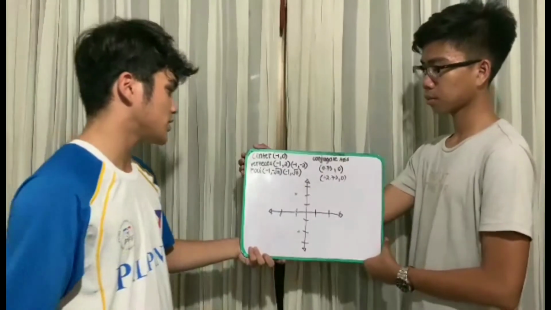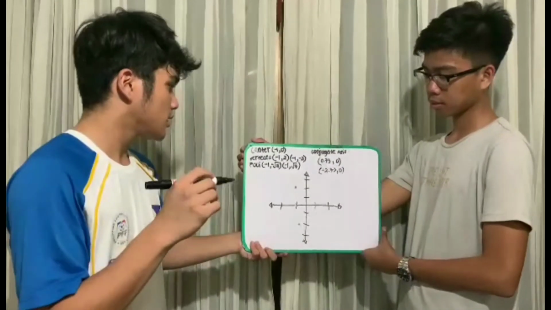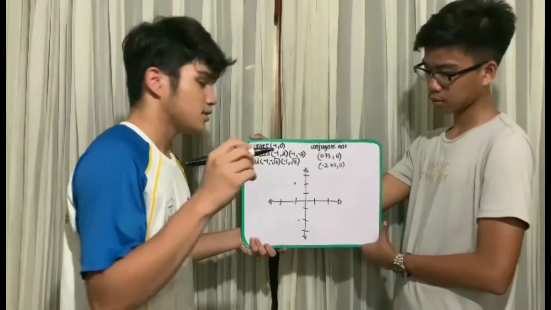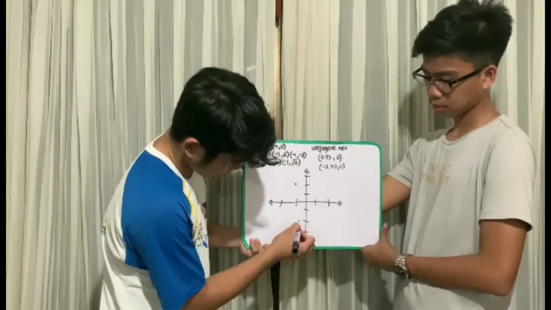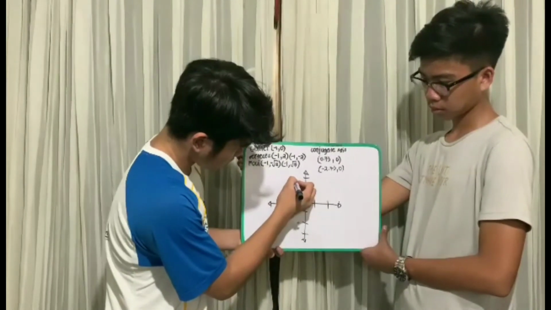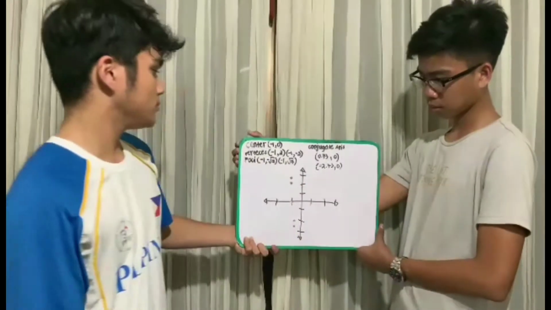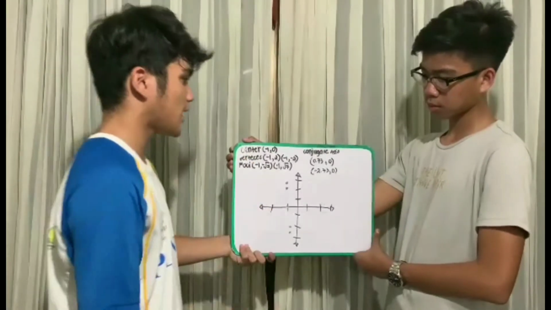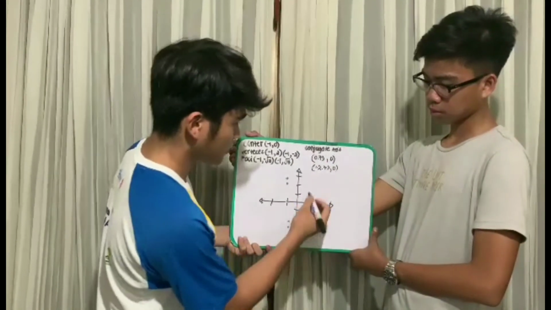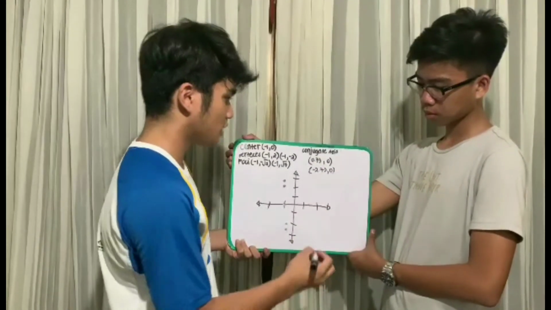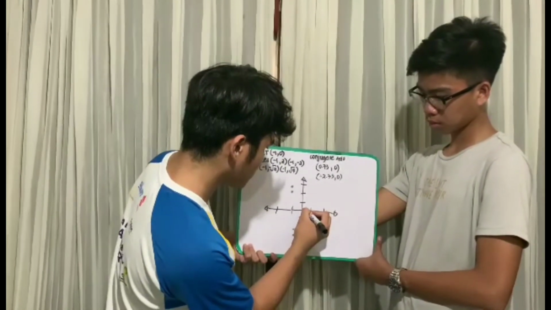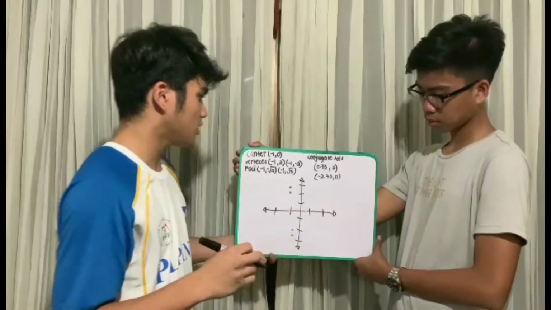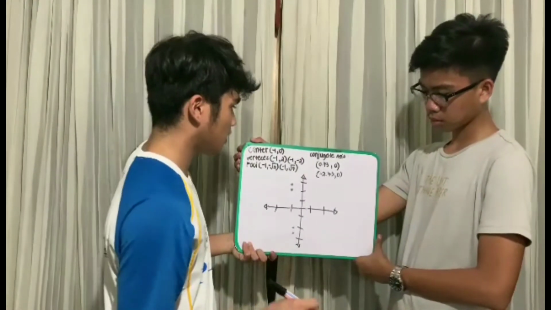Next, the foci, which is negative 1, positive negative square root of 7, which is around. Next, the conjugate axis, which is 0.723, 0, and negative 2.73, 0.